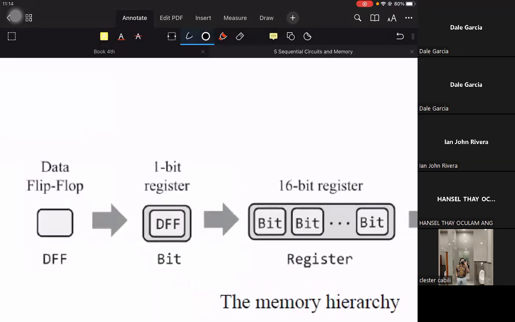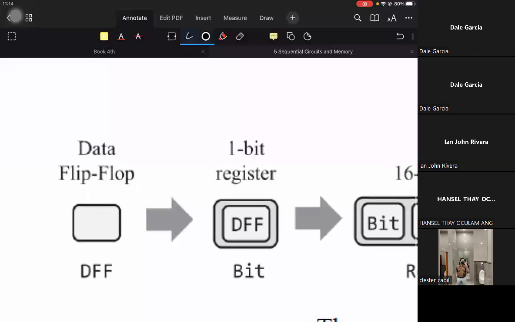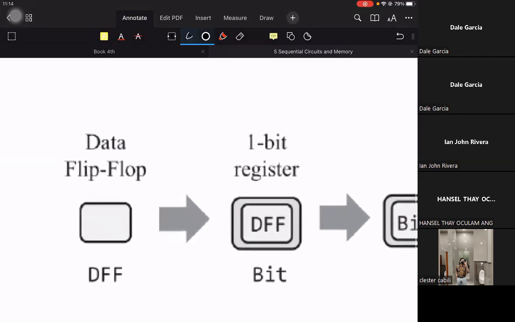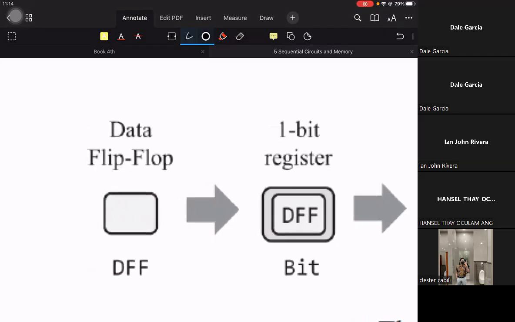The most basic flip-flop that we have, the most basic memory device that could store memory conceptually, is our D flip-flop, or data flip-flop, or DFF. Do you still remember this kind of flip-flop from logic circuits? There are different types of flip-flops.